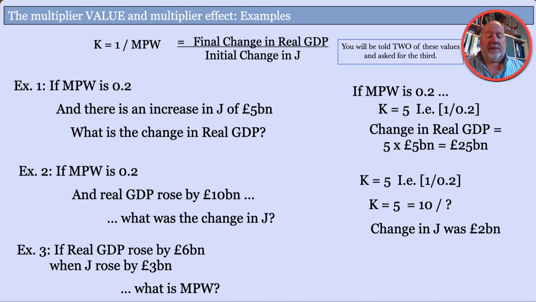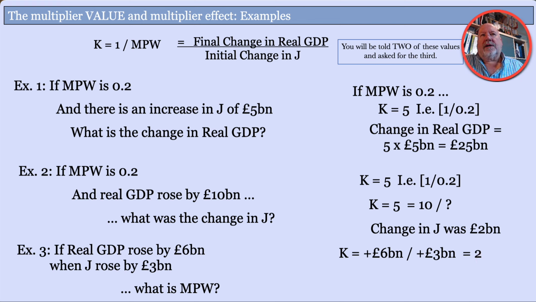Another question which can be asked is, if real GDP rises by 6 and injections rise by 3, what is the MPW? Or MPC. And so you would say the multiplier is 6 over 3, which is 2.